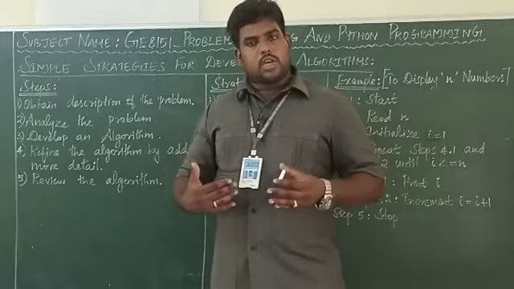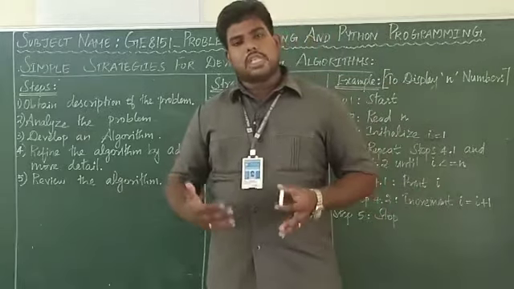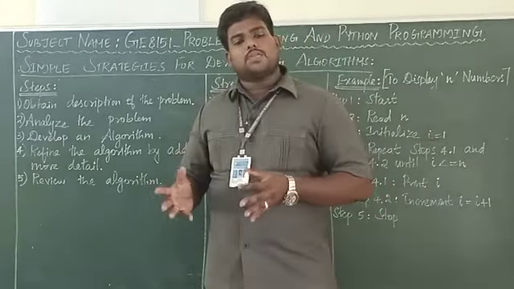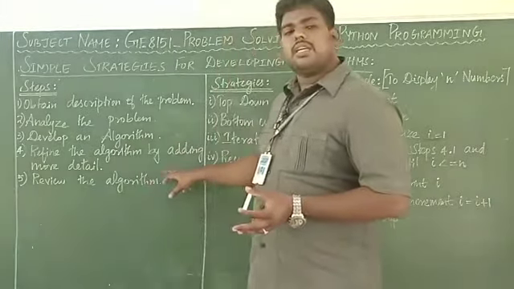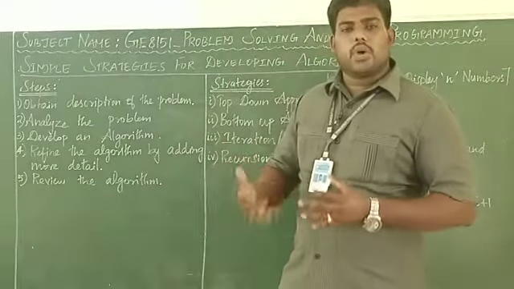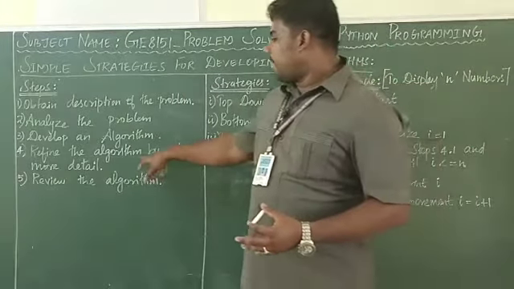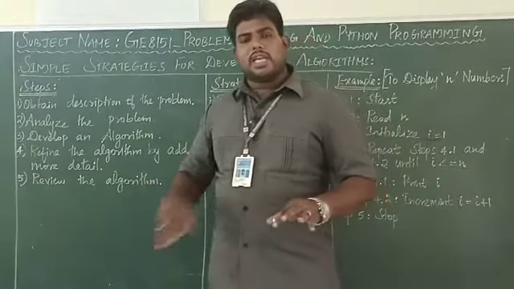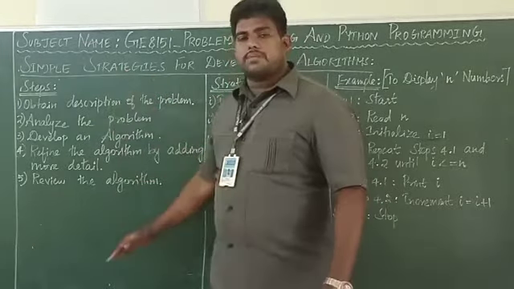After developing the algorithm, we give the input, and by giving the input, we check whether it is working properly or not. If any modification is needed, we refine the algorithm with more details or more logic. After that, again you have to check and review it. These are the steps to develop the algorithm.